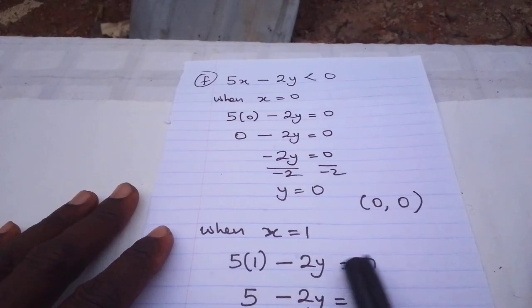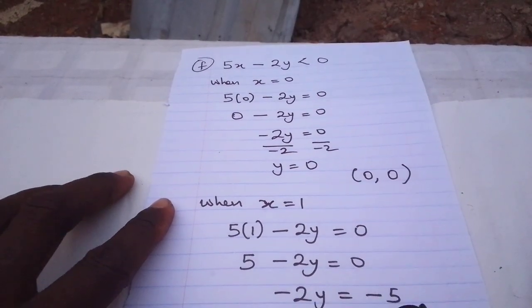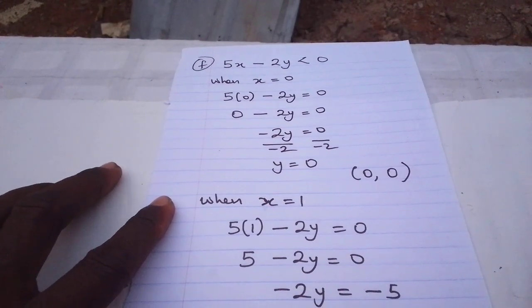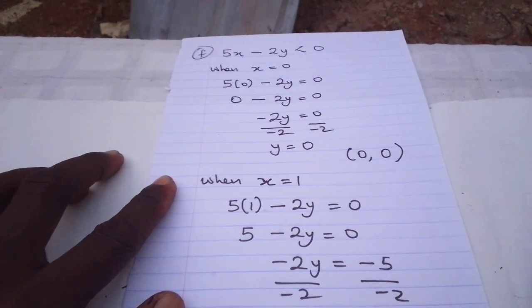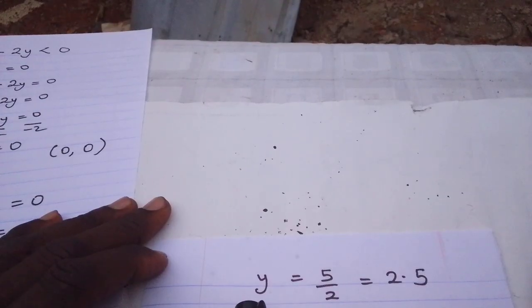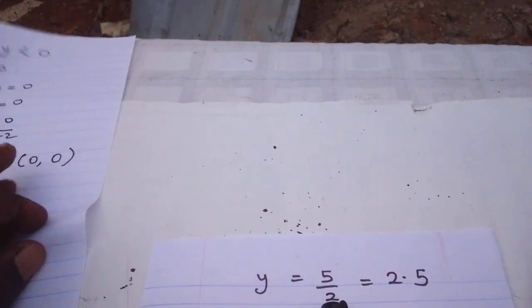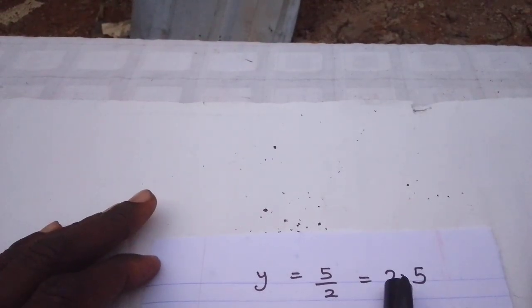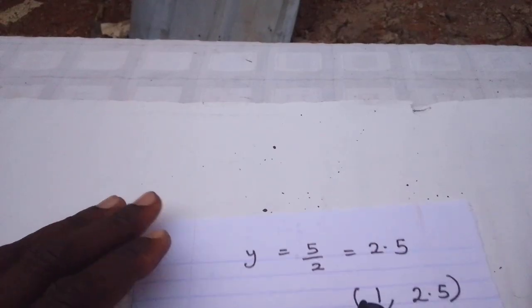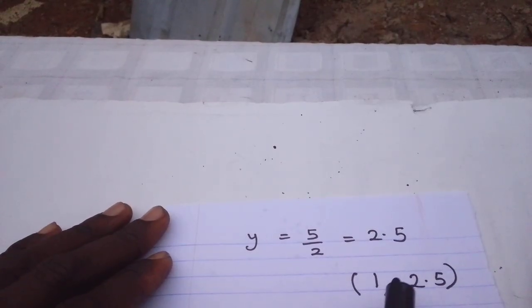You now bring this 5 to this side, now turned to minus 5. So to get y, you divide both sides by minus 2, you get y is equal to 5 over 2. 5 over 2 is the same thing as 2.5. So when x is 1, y is 2.5.